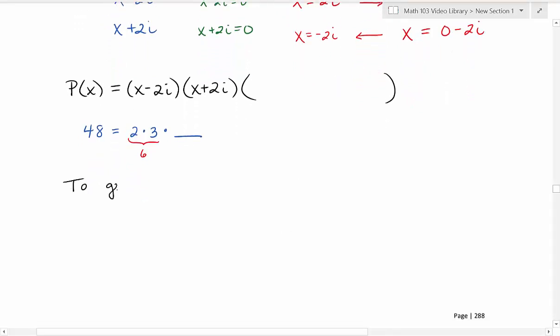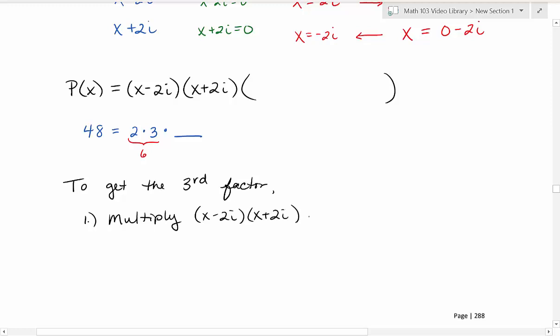So to get the third factor, we're going to multiply x minus 2i and x plus 2i together.